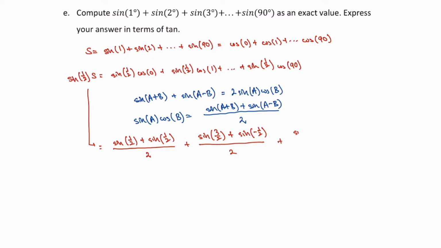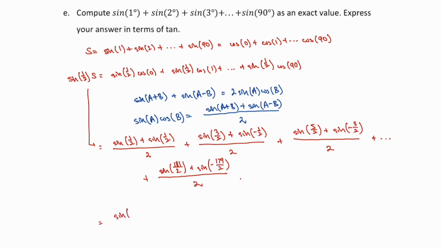The third time we would get sine of 5 over 2 plus sine of negative 3 over 2 over 2. And this would carry on, and we would finally get sine of 181 over 2 plus sine of negative 179 over 2 all over 2.